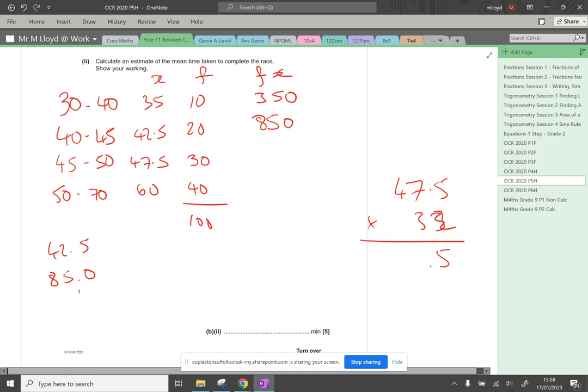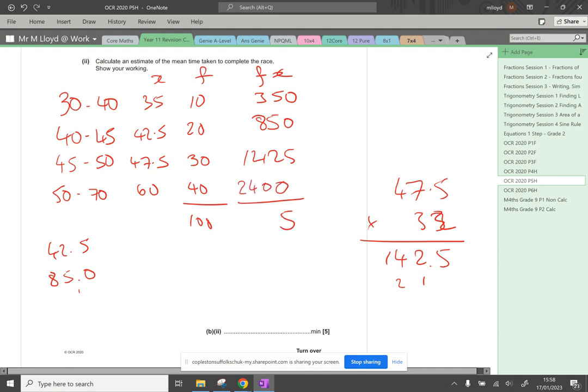So that's going to be 5, carry the 1, 21, add 1 is 22, 3 times 4 is 12, add another 2 is 4. I've got to add a 0 on, or multiply it by 10, so that's 1, 4, 2, 5. Because I'm multiplying by 30 and not by 3. And then 60 times by 40, 6 times 4 is 24, so that's 2,400.